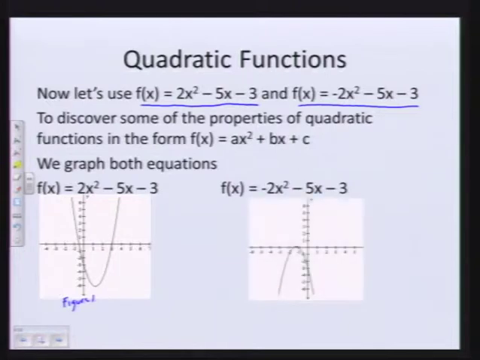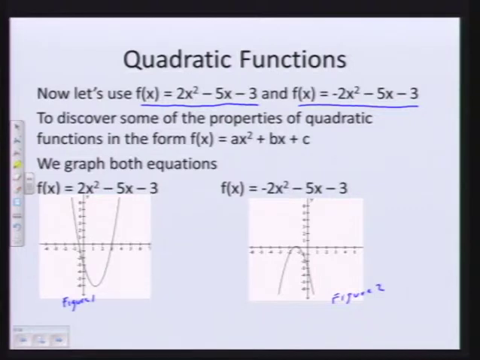If we take a look at the second function, when we graph that, we'll call that figure 2. We'll see that the graph of f of x is equal to negative 2x squared minus 5x minus 3 is in figure 2.